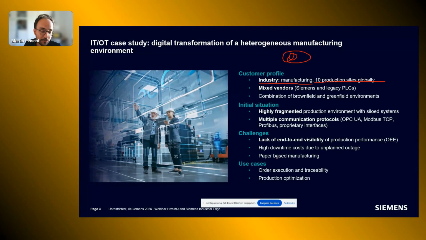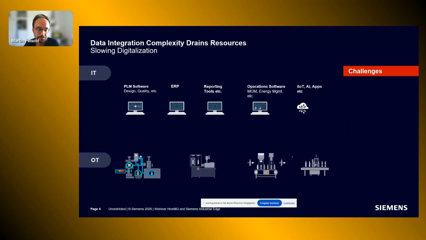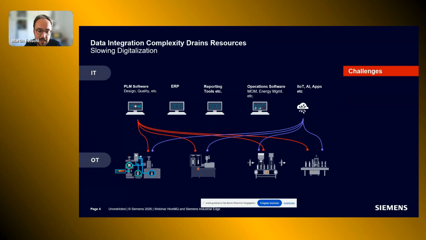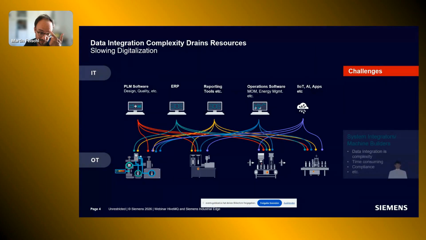And of course, to get rid of all these challenges, we evaluated concrete use cases. The first use case is based on MES, manufacturing execution, combined with traceability functionality and also production optimization. So one of the possibilities is to just connect all of my machines with any kind of IT systems. And you can see, and Kutze already pointed it out and used the same word, this kind of spaghetti architecture.